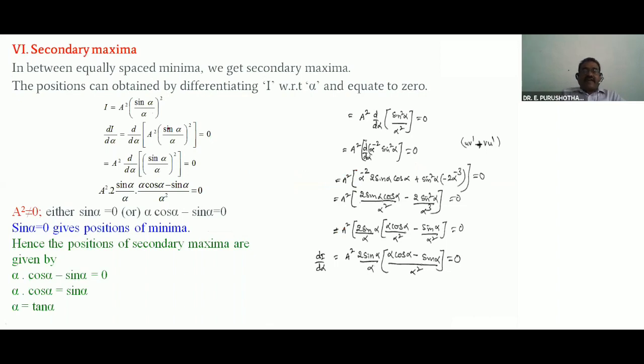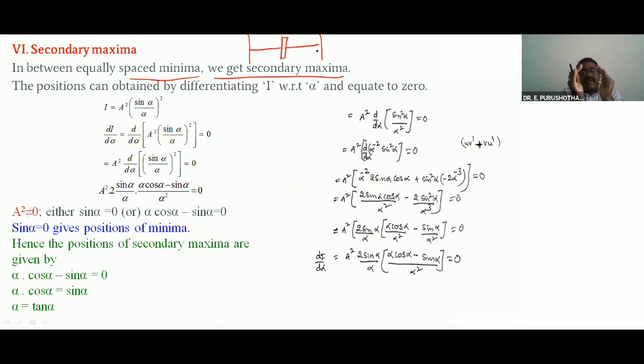So secondary maxima. In between equally spaced minima, we get secondary maxima. For example, this is the secondary maxima. At a small distance up to here, equally spaced minima, equally spaced dark fringes, dark images.